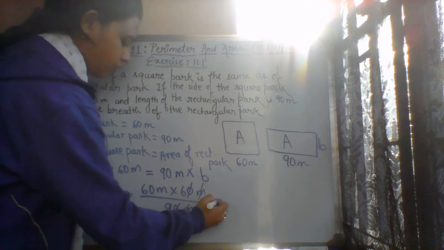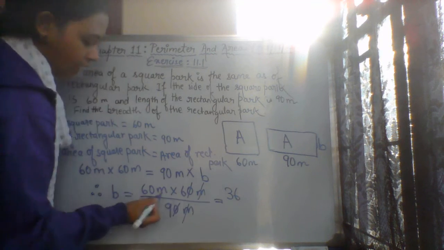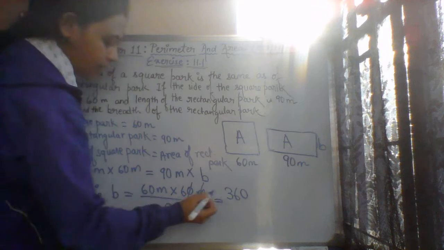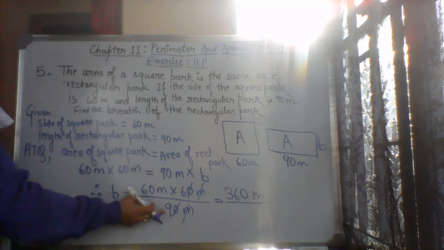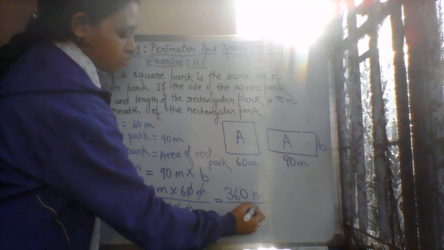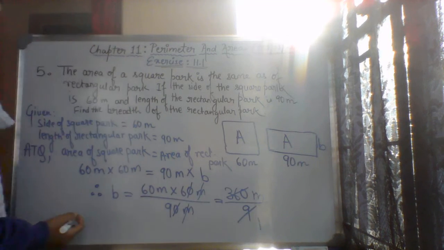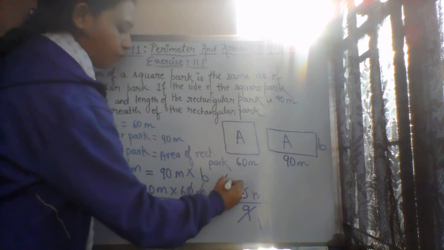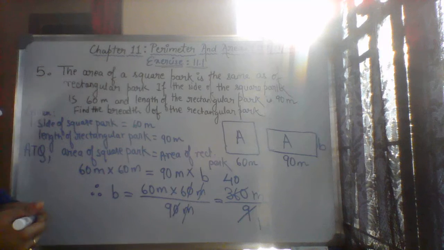What is left? 6 sixes are 36, and the 0 is there, divided by 9. 9 fours are 36, so 360 divided by 9 is 40.